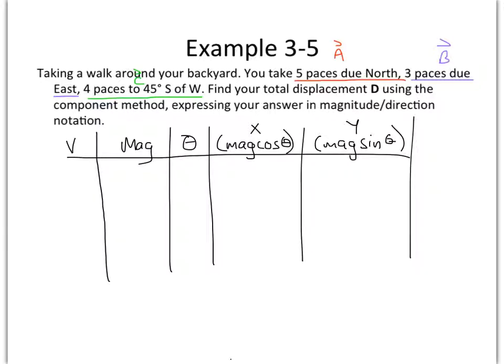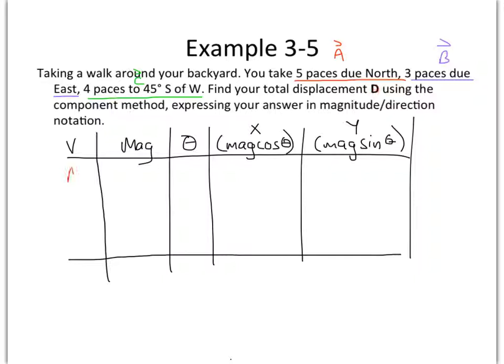Okay, so this is our table that we're setting up. And I'll explain why I wrote mag cosine theta and mag sine theta here in just a little bit. All right, but this is going to be sort of our addition table, where we're going to add together vectors A, B, and C to get the resultant vector D. So let's go ahead and write down what we have for vector A.